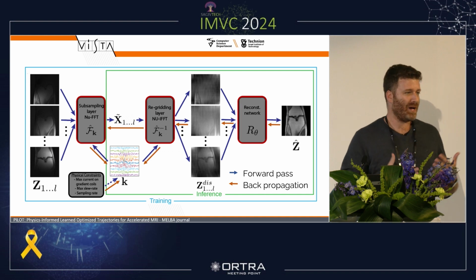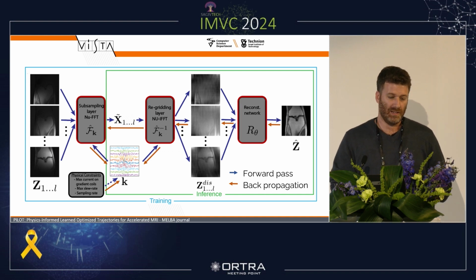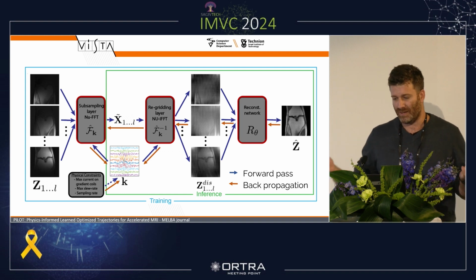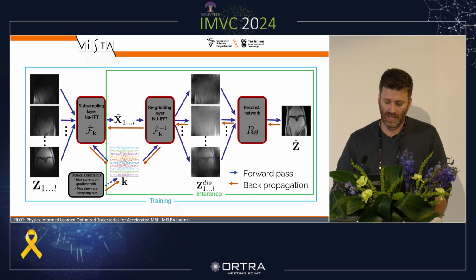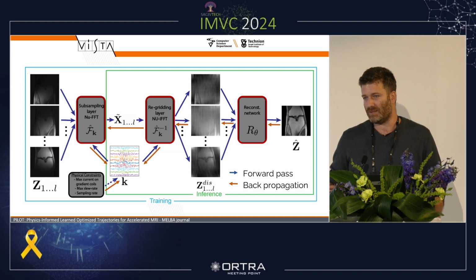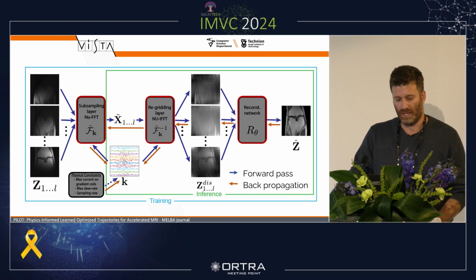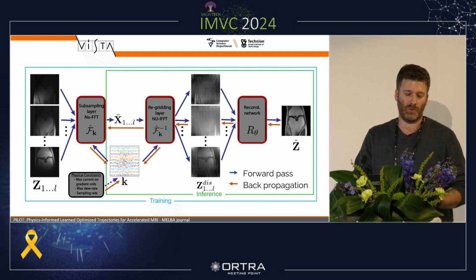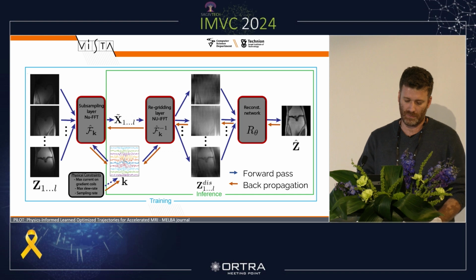It's just some parameters of the MRI machine that we need to design. Usually, we do it by handcrafted trajectories, handcrafted heuristics, in order to find the best acquisition parameters. But we suggest to optimize it, to learn and to find better data points. And if we take better data points, it will be easier for us to reconstruct the image better.